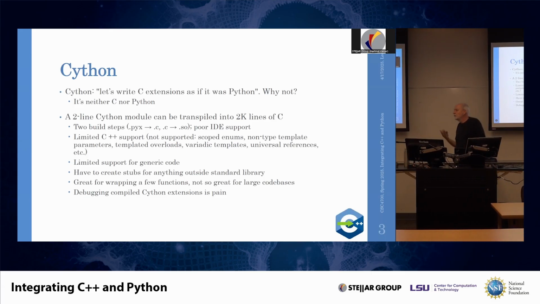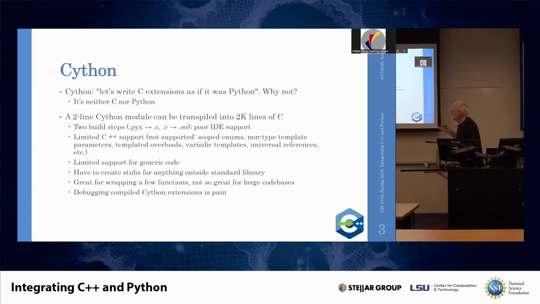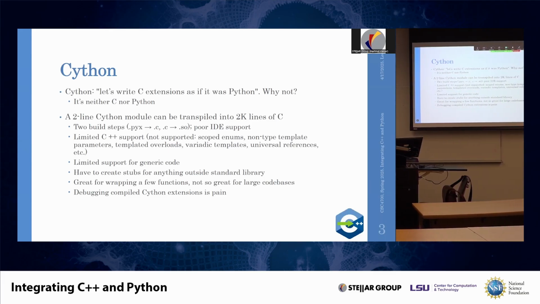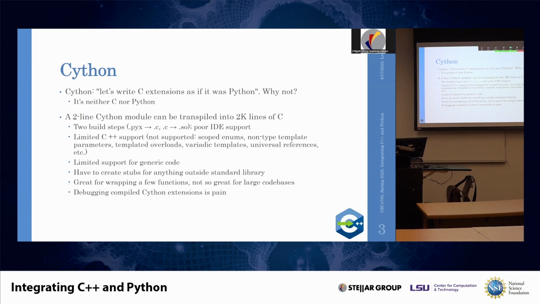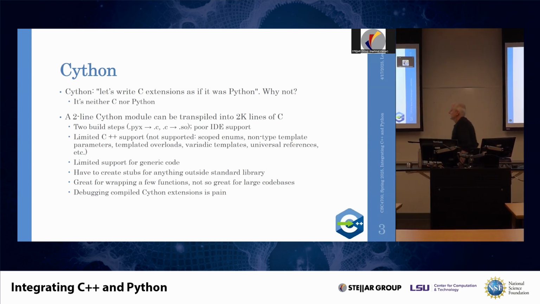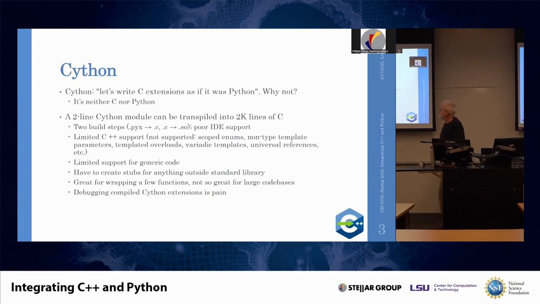So there's a lot of effort you have to do. It's 2 build steps. You first have to compile it to C, and then you compile your C to a shared library, which is always a bit difficult. Build system support is always one of the critical pieces in C and C++ development. It has very limited support for C++.